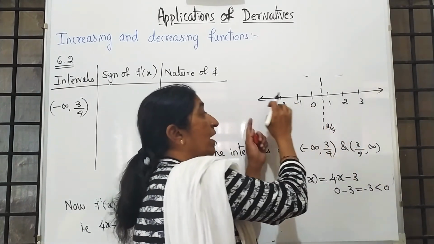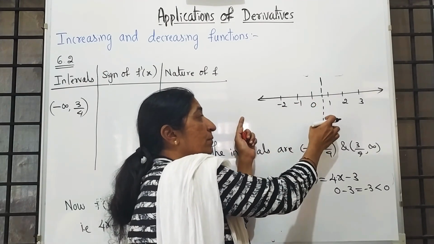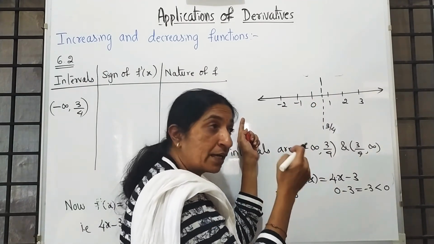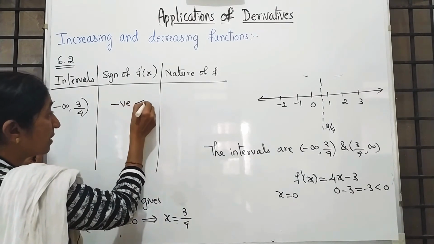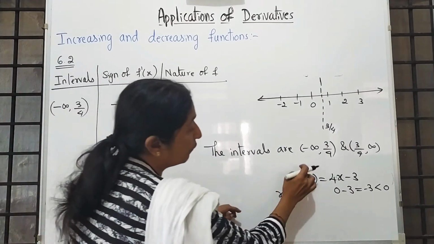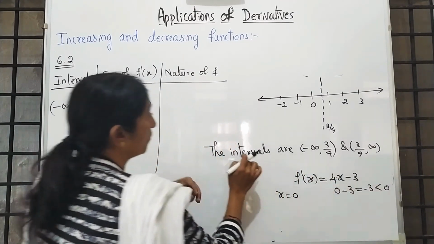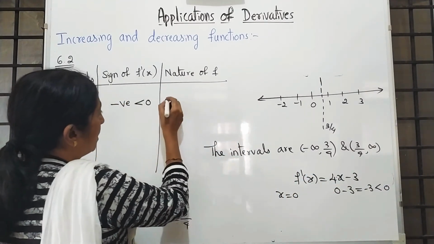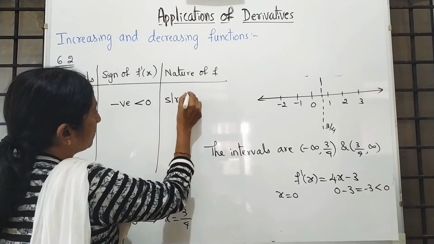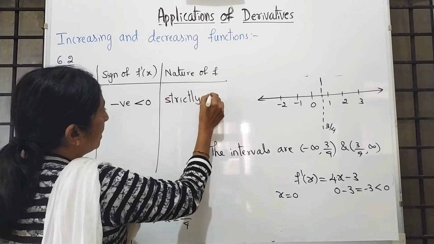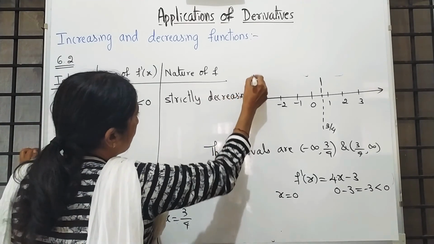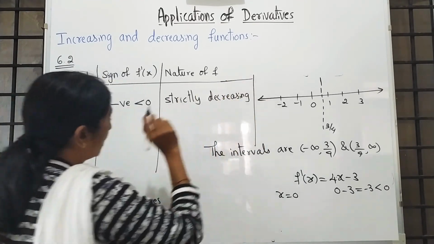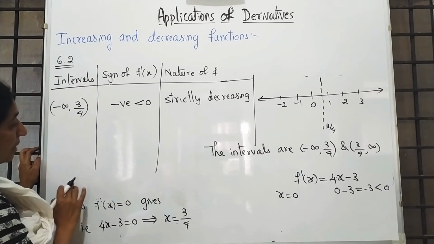If you put any value from minus infinity to 3 by 4, you will get a negative answer. So that means the first derivative is less than 0. If the first derivative is less than 0, it is strictly decreasing. See, if you write in the form of a table, you will not make even a single mistake.